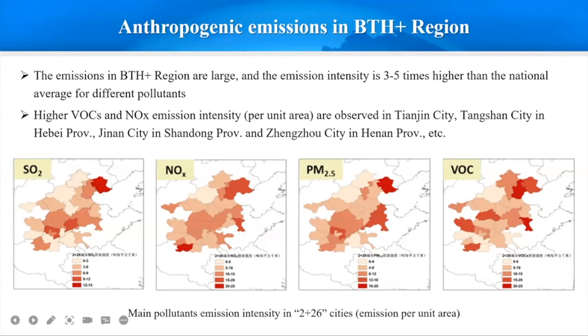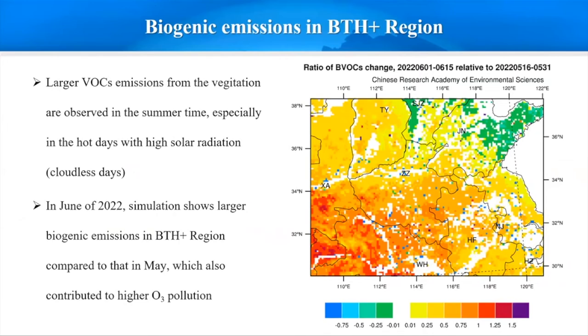And the higher VOC and NOx emission intensity per unit area are observed in Tianjin city here, just a close neighbor to Beijing, and the Tangshan city here in Hebei province, and Jinan city, the capital of Shandong province here, and the Zhengzhou city in Henan province here. So which means we have to control these precursor emissions at a higher level.